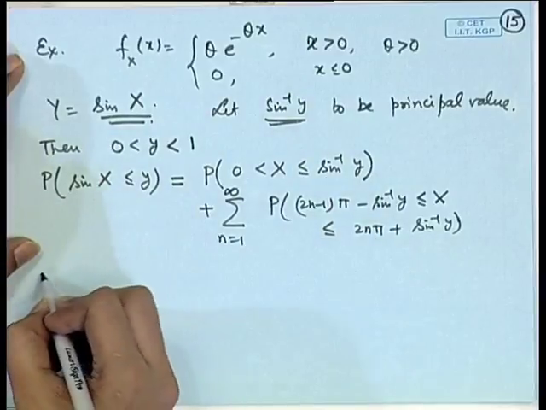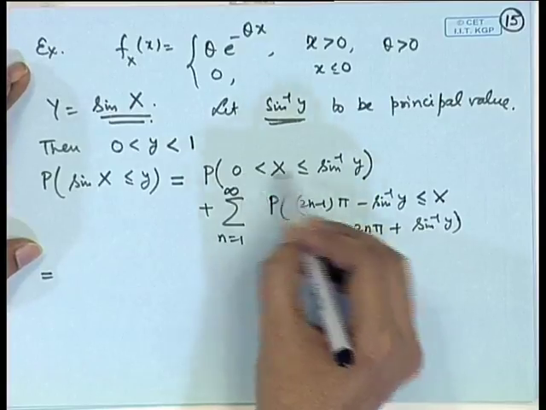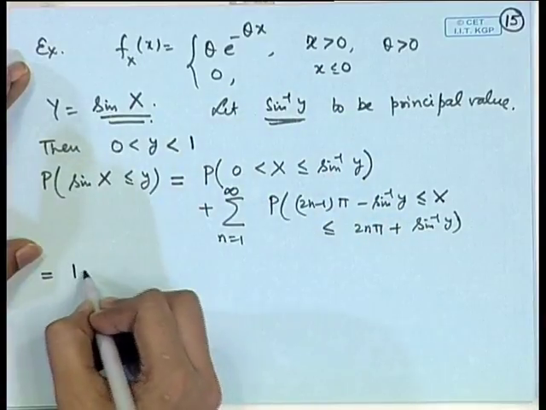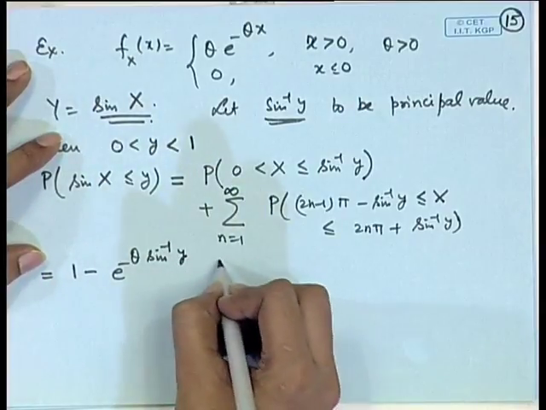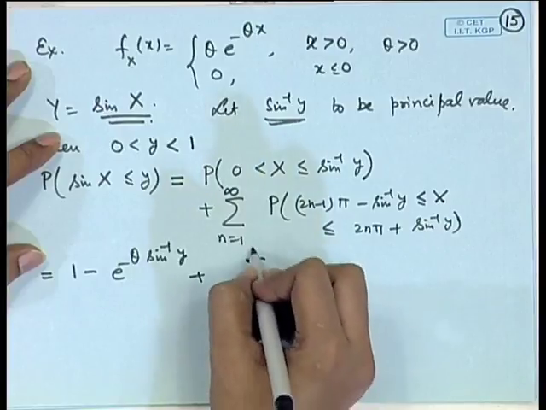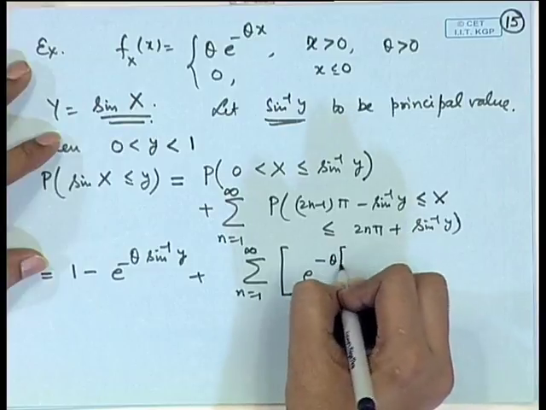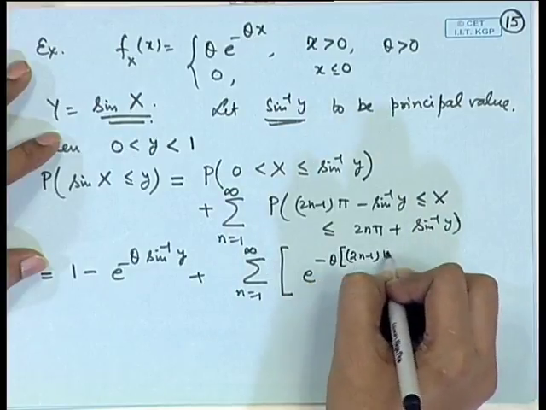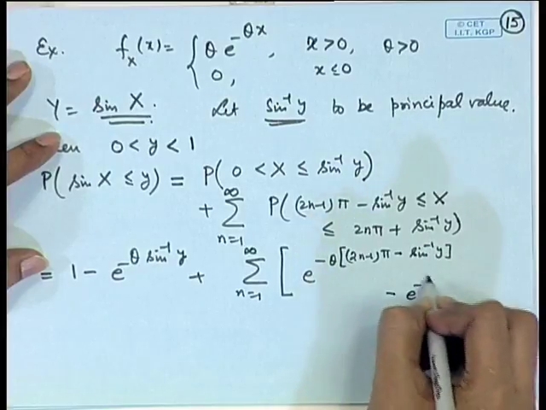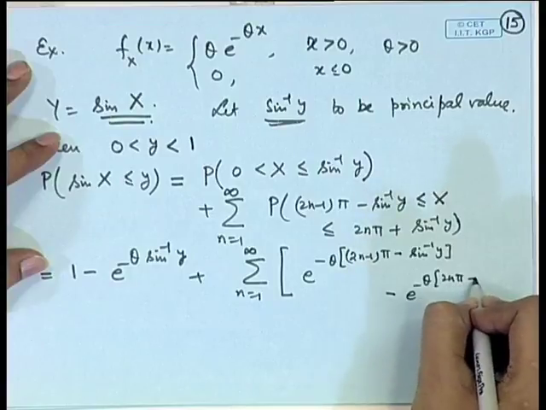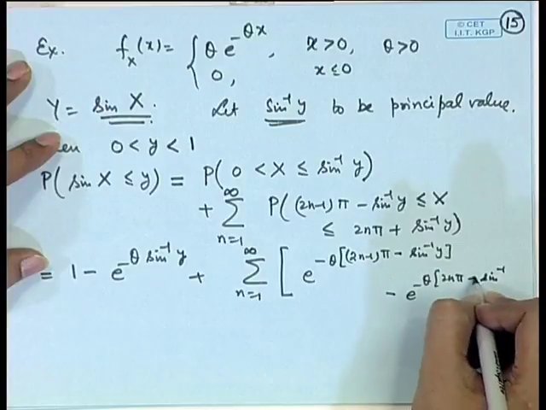So, now this probability, using the exponential density function, probability of x lying between 0 to sin inverse y is 1 minus e to the power minus theta sin inverse y plus summation n is equal to 1 to infinity e to the power minus theta (2 n minus 1 pi minus sin inverse y) minus e to the power minus theta (2 n pi plus sin inverse y).